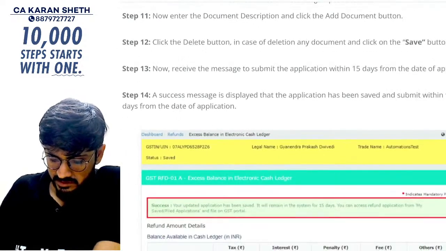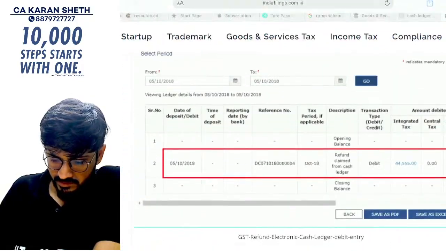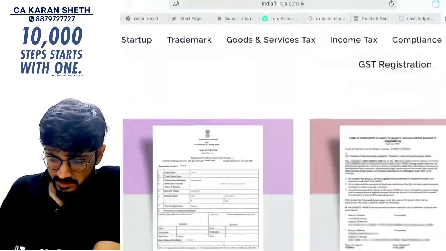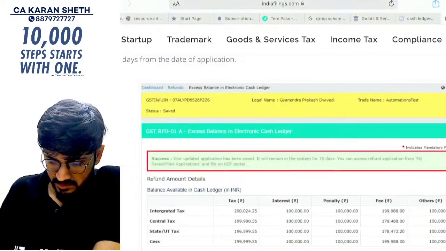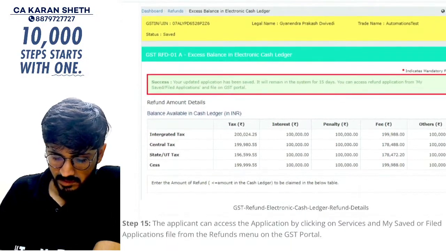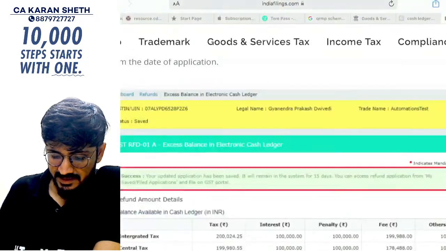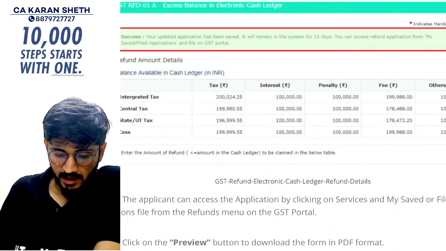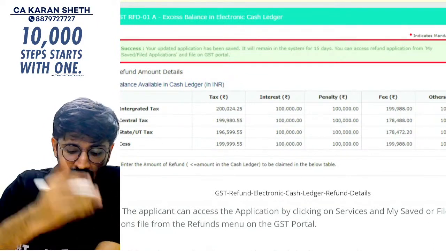Can you see this? Okay, so all the above are minor heads and in the left there are major heads.